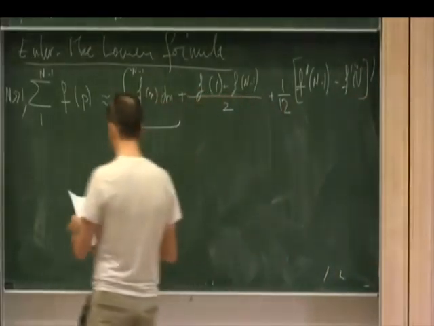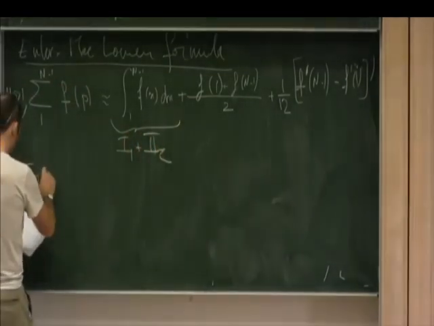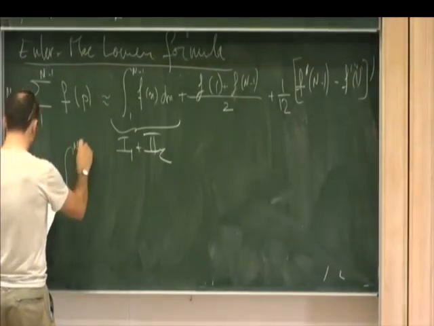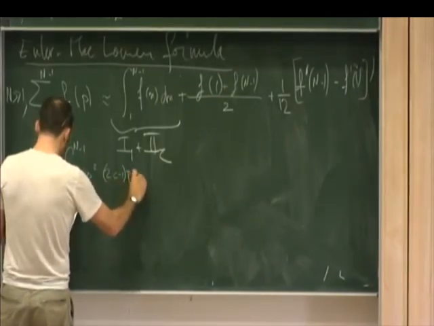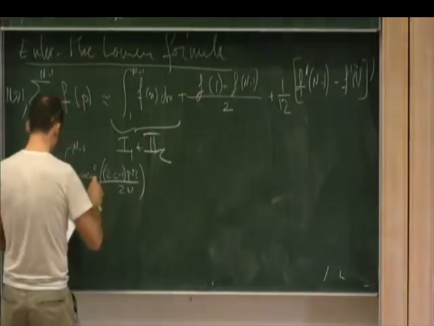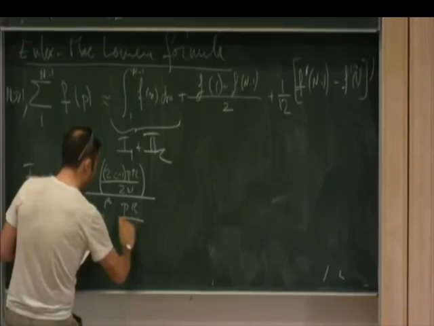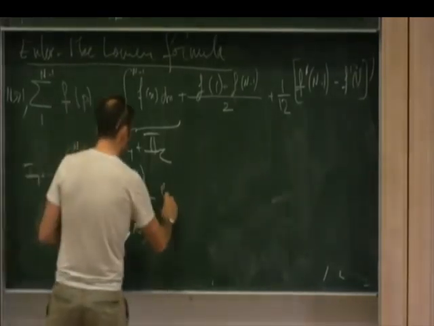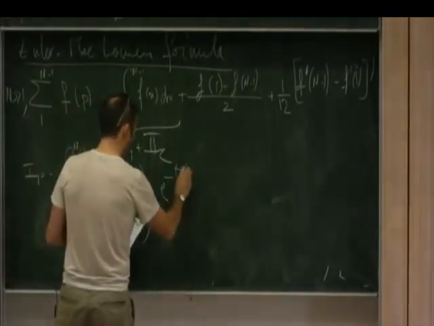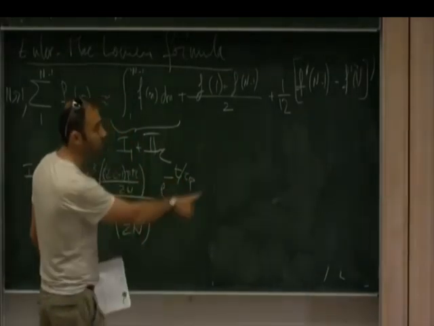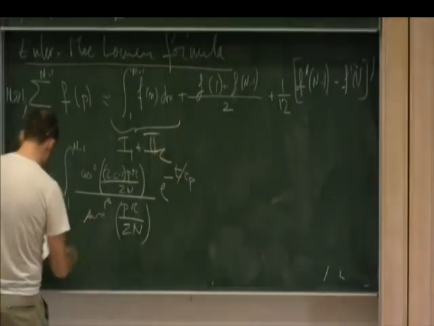So this is going to be a sum of two terms, I1 plus I2, where I1 is going to be minus the integration from 1 to n minus 1 of cosine squared of (2c minus 1) p pi divided by 2n, divided by sine of beta p pi divided by 2n, and then I'll take the one with the exponential, which has the minus t over tau p. And there is the second term, the one where we don't have the exponential. Let me write it.